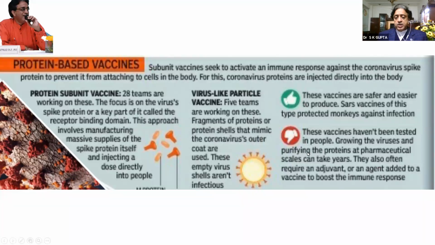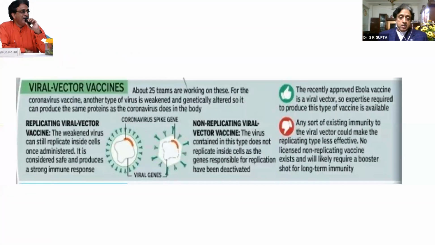These protein-based vaccines are pretty difficult to manage, because producing the spike protein subunit and purifying it is a slightly difficult task, and that is the reason we have not been able to have a spike protein-based vaccine on board till now, despite other vaccines being able to come to the surface.